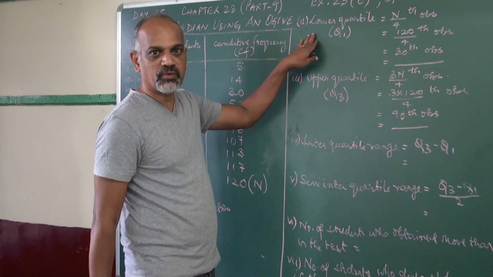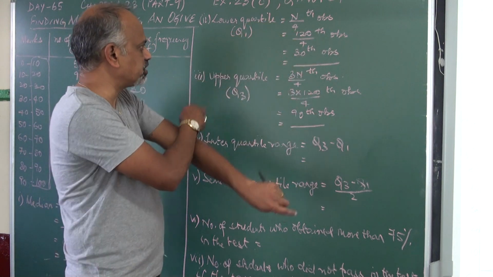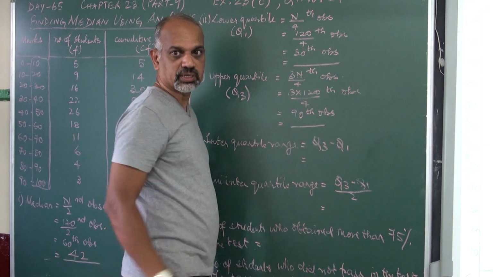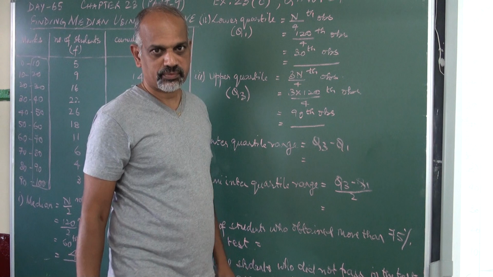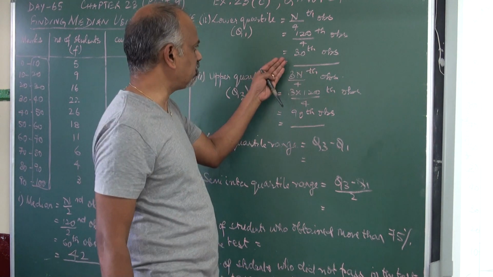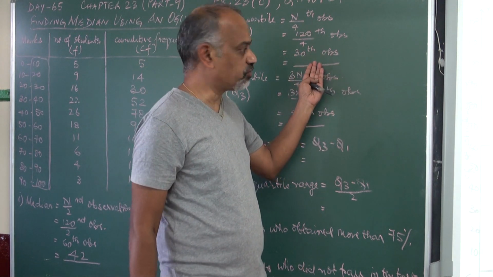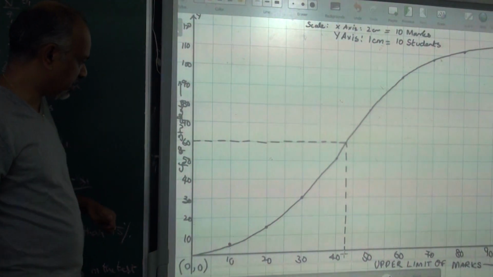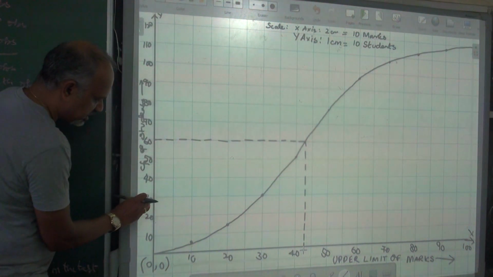The second one is finding the lower quartile. That is the n by 4th observation. That's 120 by 4, the 30th observation. So you have to see where this 30th observation goes on your graph. That value is your lower quartile. This 30th observation again is your cumulative frequency. So from cumulative frequency 30, you start drawing the dotted line. On the graph, this is your cumulative frequency, and 30 is here.